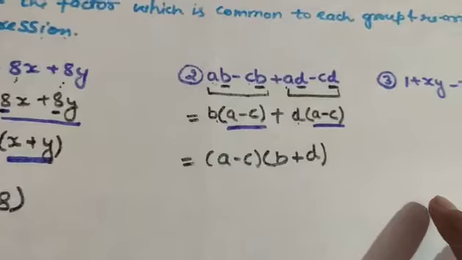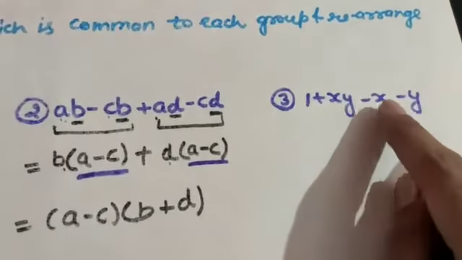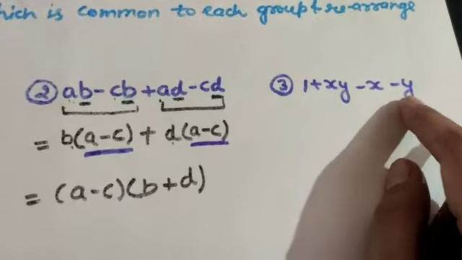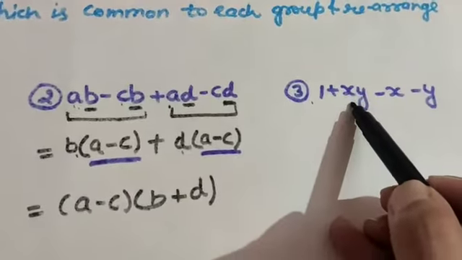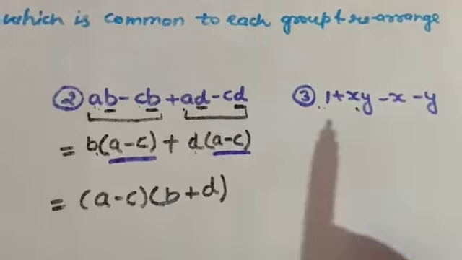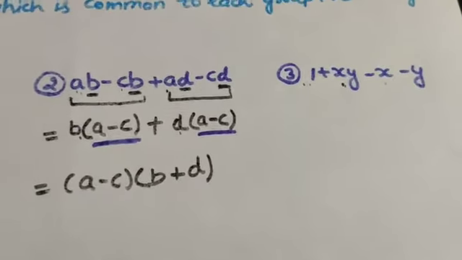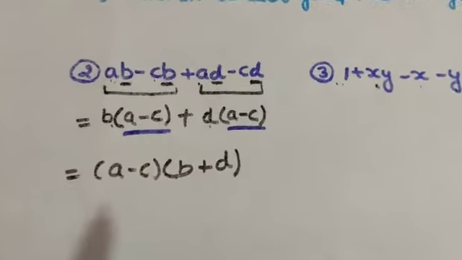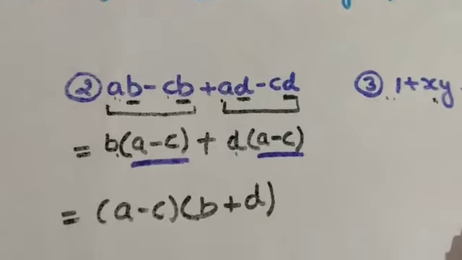Now let us look at one more example. It's 1 plus xy minus x minus y. When we look at the first and second terms, there is nothing common. In the third and fourth terms also there is nothing common. So we have to arrange the terms such that we get a common factor in each group.